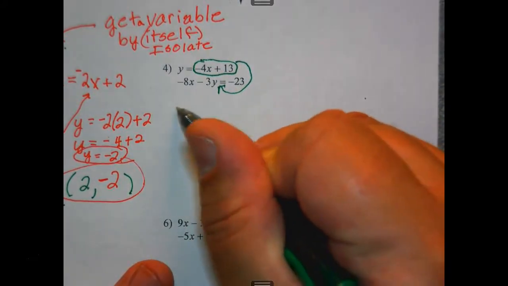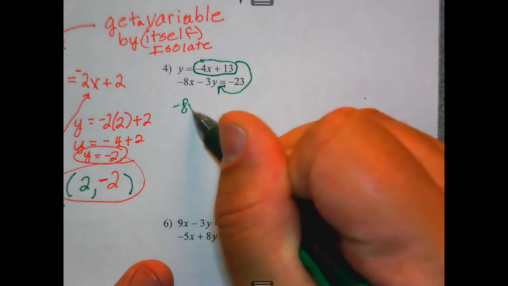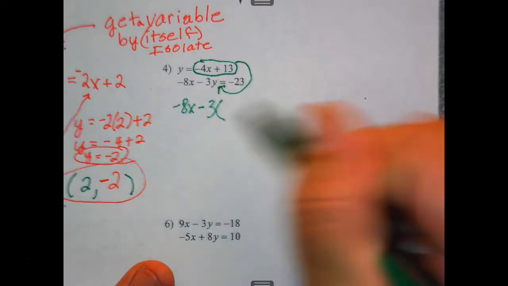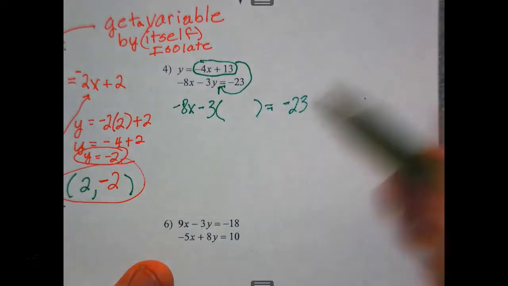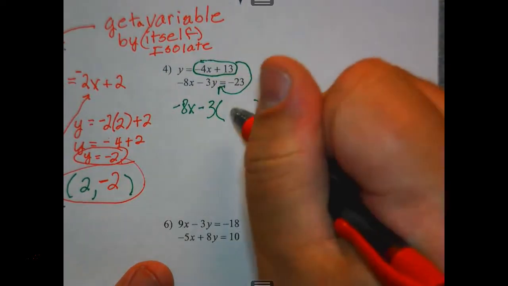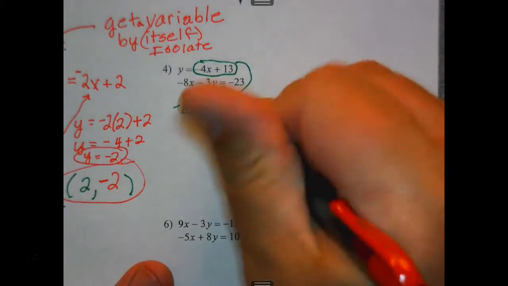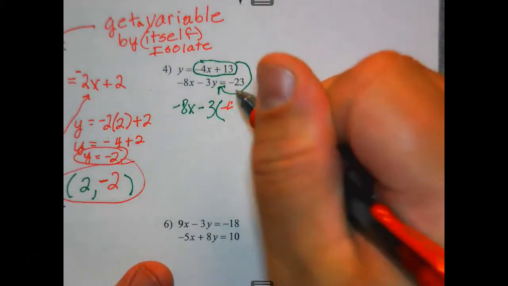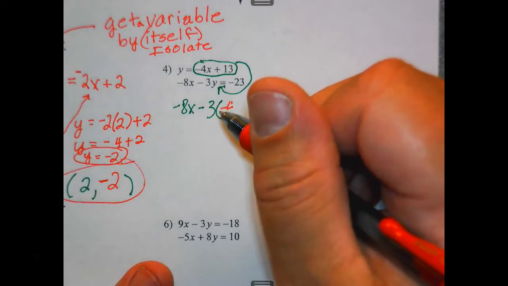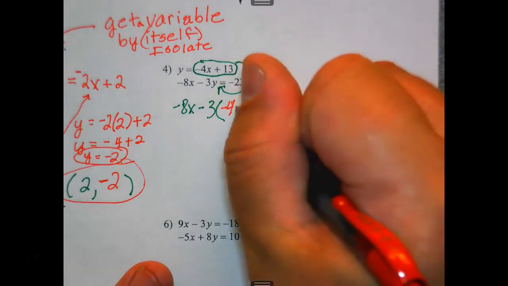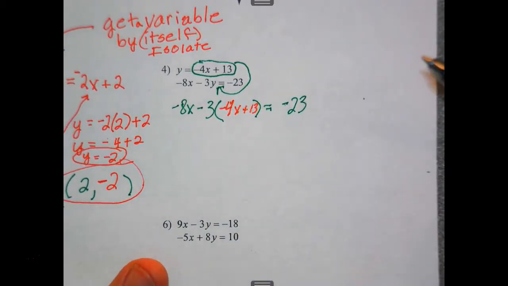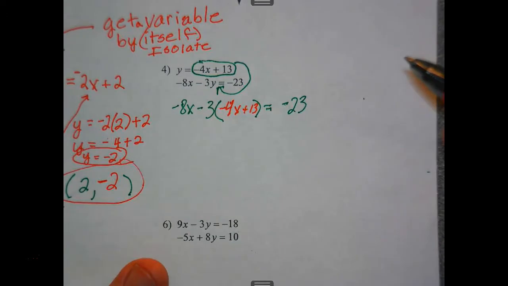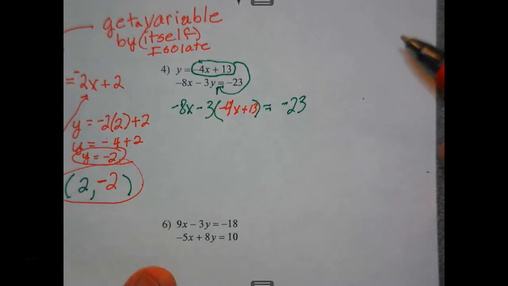So I have negative 8x minus 3, my y I'm going to substitute in, equals negative 23. My y happens to be negative 4x plus 13.